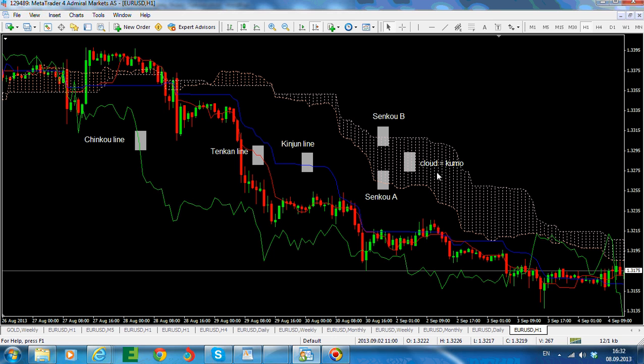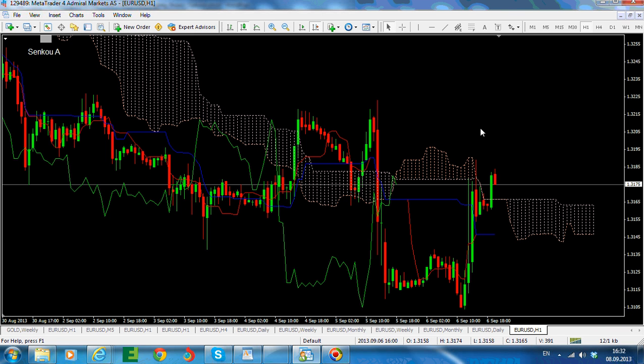The Kumo, or the cloud, is represented by this shape here, and there are a lot of strategies to be employed based on it. In a rough translation, the Ichimoku Kinko Hyo means equilibrium at a glance, and the whole indicator is representing a balance between future price and past price structure, or price action.